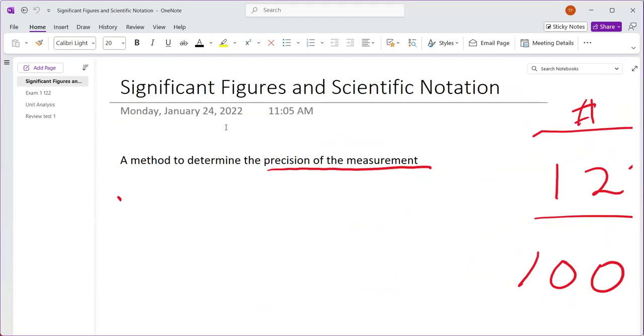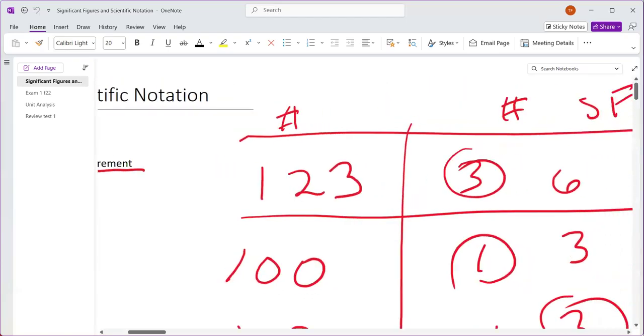When we do operations in this class, between now and July 30th, you're always going to have to consider significant figures. When you get into 1A, 2A, or 3A, same thing. Sig figs is there. It's never going to go away. Your textbook does a really good job talking about significant figures. Chapter 2.